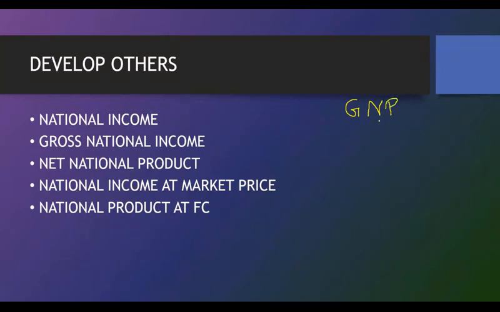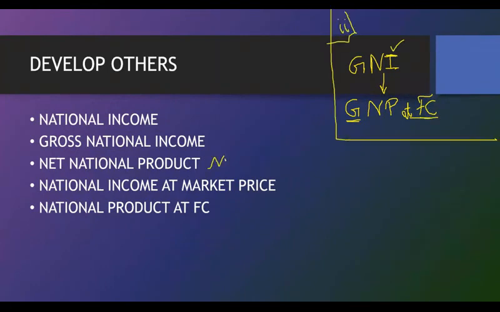GNI means GNP. So now national income, you need to change to NP first. National income is the income concept, so prefix and suffix should be narrow. It was given as gross national income, so what will the suffix be? Whenever gross national income is given, you change it to NP, and because of the income concept you'll use the suffix as the narrow concept only, and NP at MP.